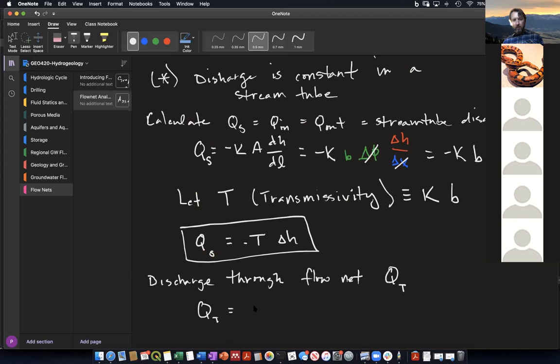QT is equal to the number of stream tubes, NS, times the discharge through a stream tube. So it equals negative NS, the number of stream tubes, times the transmissivity of our aquifer, times the head contour interval.